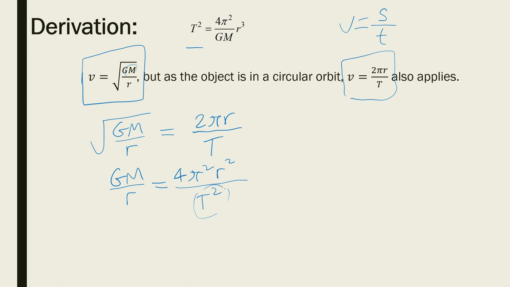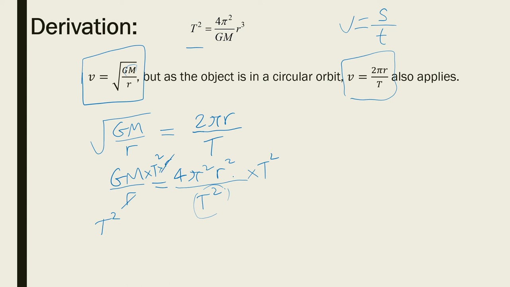We're going to rearrange it. If we times both sides of the equation by T squared, we'll get T squared on this side, and it will be cancelled out on that side. I'll do this in steps, so we'll times both sides of the equation by r.